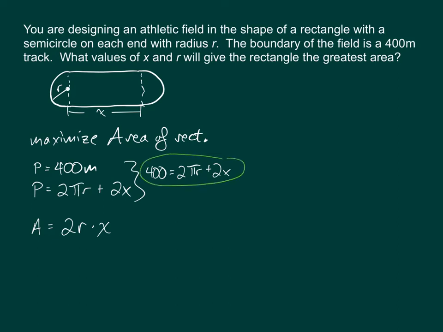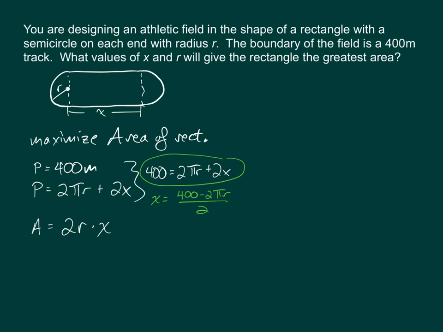So then we can just either solve this equation for x or for r. It doesn't matter which one in this case, because we will not be worrying about any square roots here. But I am going to choose to solve for x, and that way we can substitute this right into our optimizing equation. So if we solve this for x, we get x equals 400 minus 2 pi r all over 2.